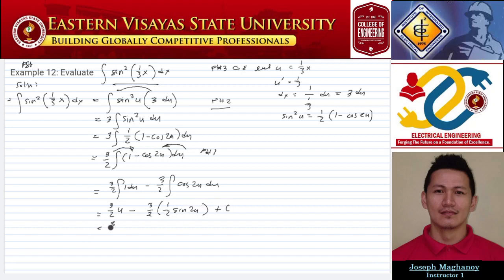So 3 halves u minus 3 halves times 1 half, that is 3/4 sine 2u plus c.